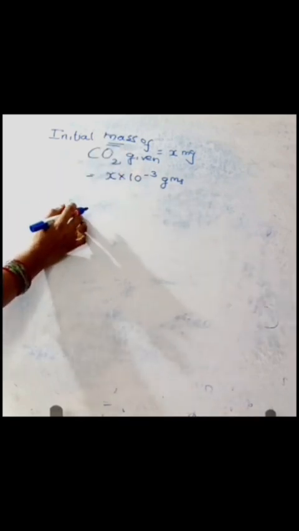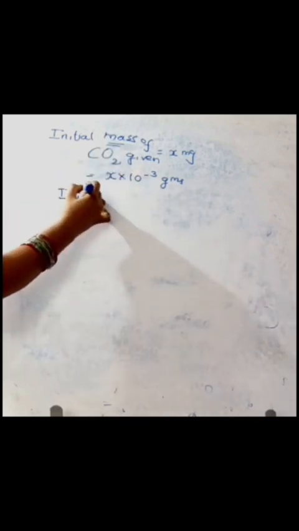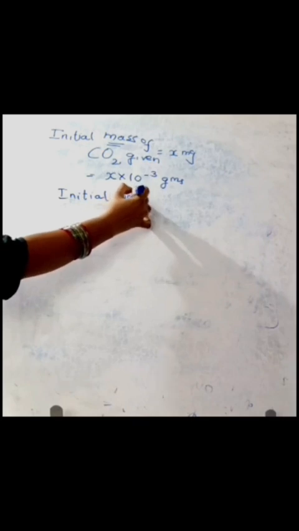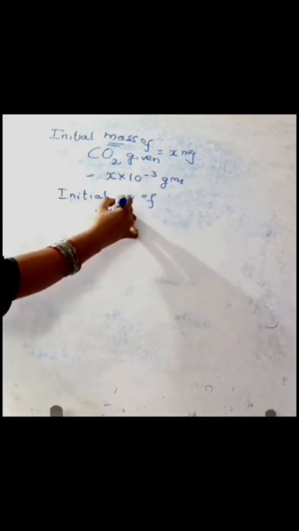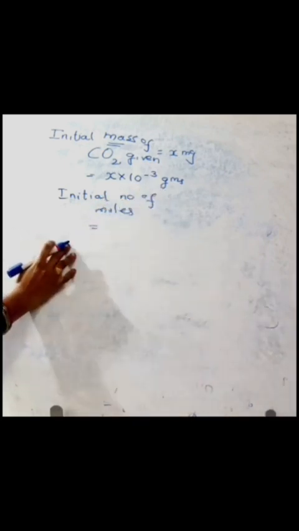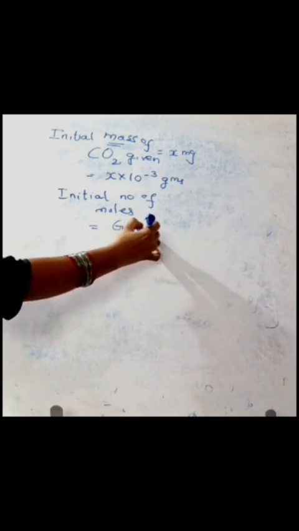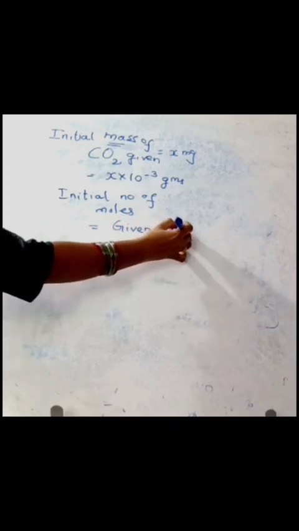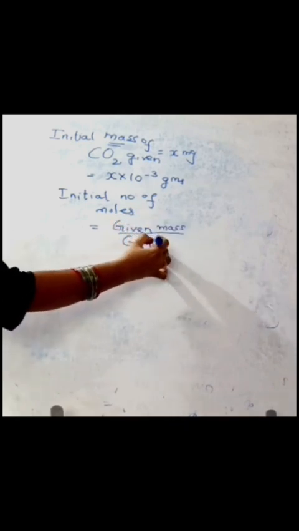Now this initial mass we should convert into initial number of moles. Number of moles is equal to given mass by gram molecular mass.